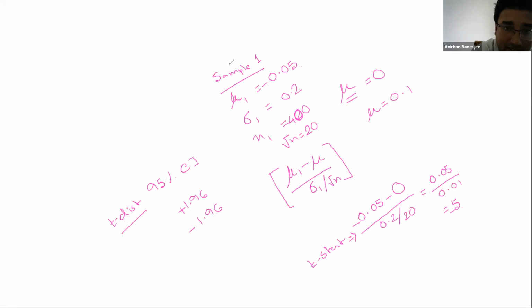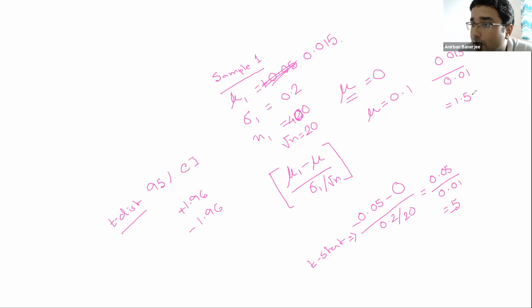Now let's see if I make it, instead of 0, let me cross out this part. For the same data, you now have 0.15. Now what happens? The same test statistic is now going to be 0.015 divided by 0.01, which comes out to be 1.5. Based on this data, this is not outside the boundary range. This falls within the boundary range.